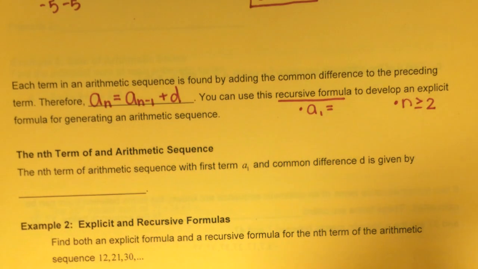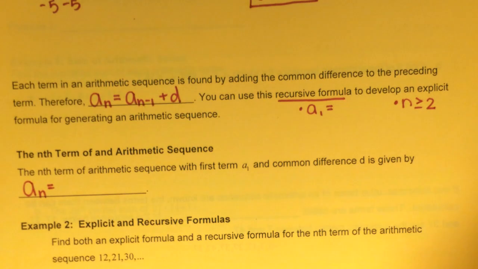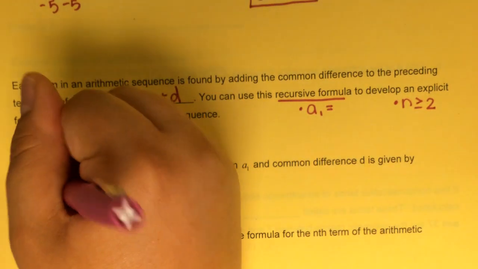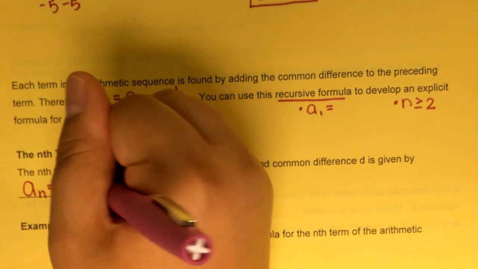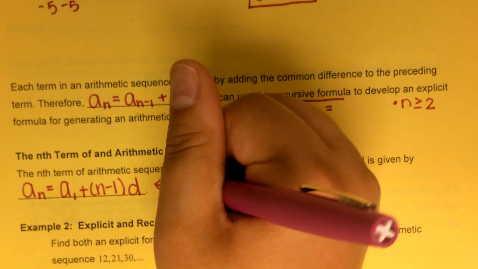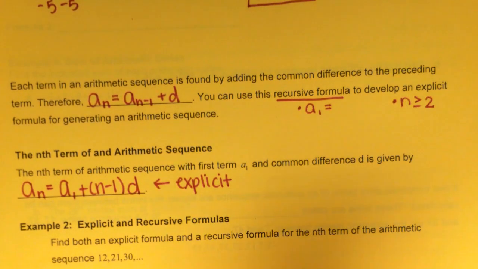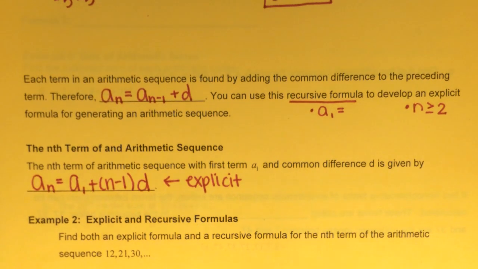For the explicit formula, to find the nth term of the arithmetic sequence with the first term and common difference, you would use a of n equals a of 1 plus n minus 1 times D. This is your explicit equation.